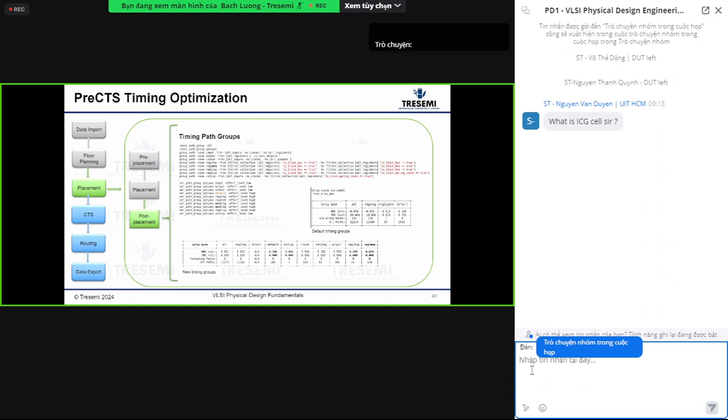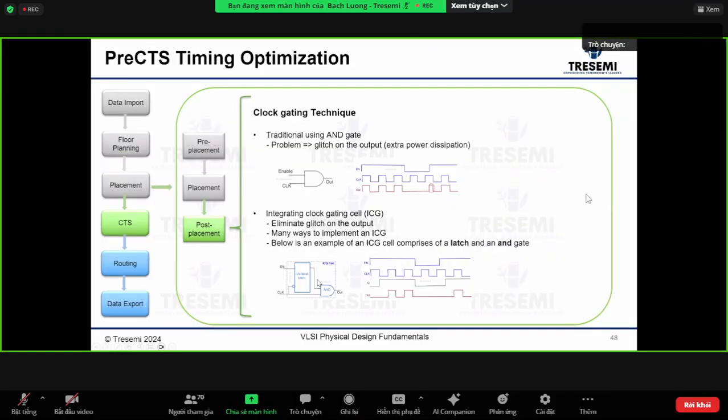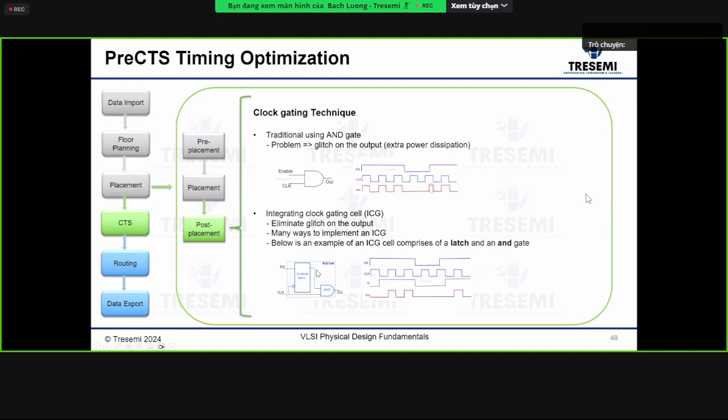What is an ICG cell? Back to the slide. It stands for integrated clock gating cell. It's used in the clock path for the clock gating technique. It's used in most low power designs, or when you do power optimization as your target, and most libraries now have this ICG cell available. You can see this waveform here.